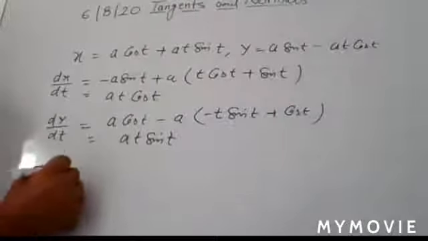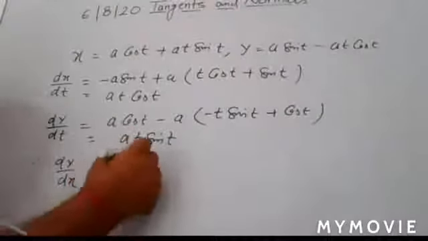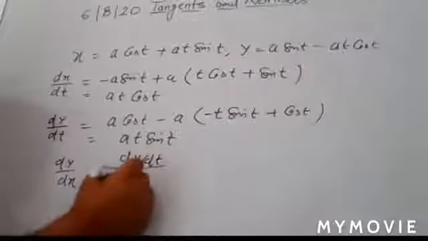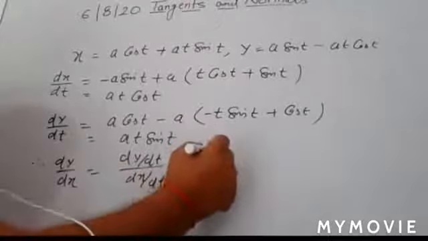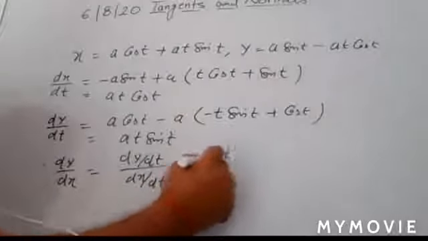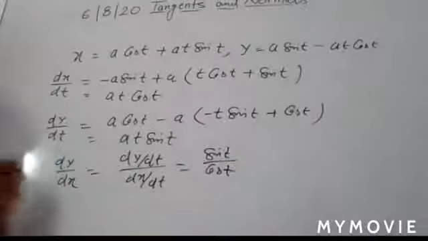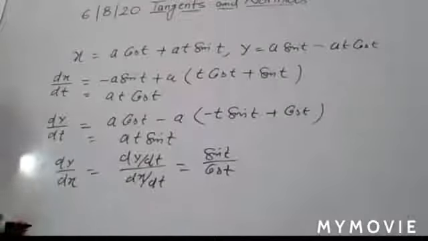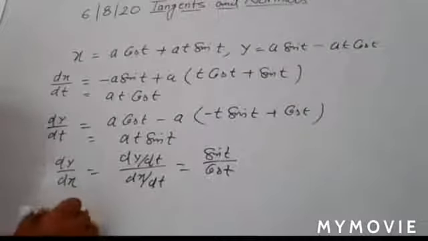So the value of dy by dx is dy by dt upon dx by dt. Now putting the values, you have sin t upon cos t. So that gives the slope of tangent. So you write, slope of normal.